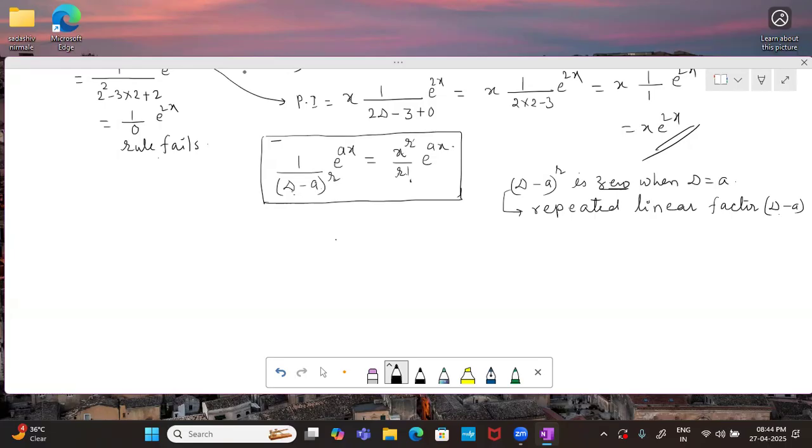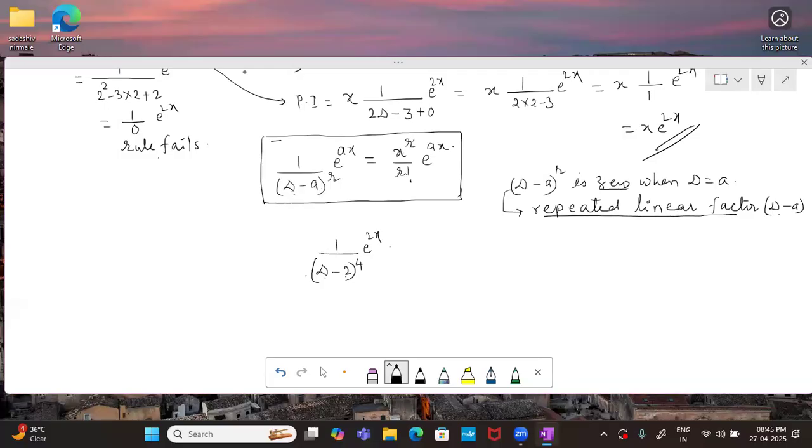For example, suppose you are asked to find 1 upon D minus 2 raised to 4 on e raised to 2x. Is D minus 2 zero when D is equal to 2? It is 0. 2 minus 2 is 0. So the rule fails. And remember that this factor, which is 0 for D is equal to 2, is known as repeated linear.